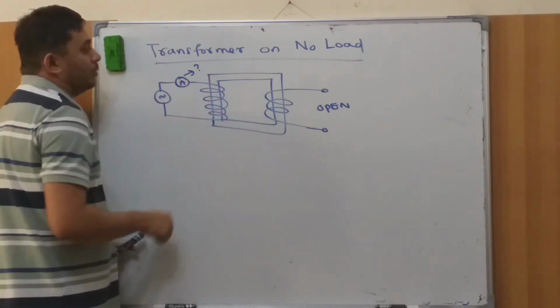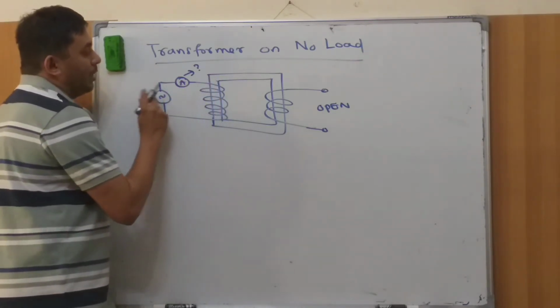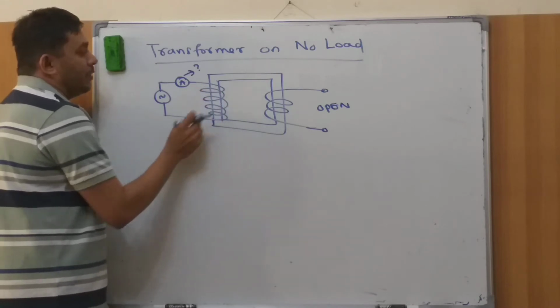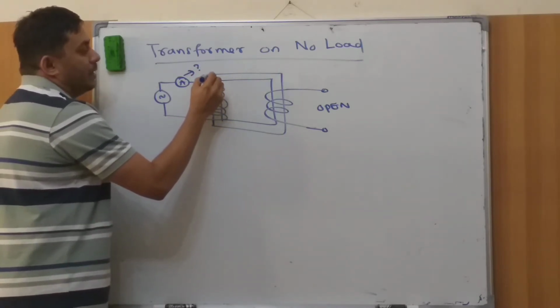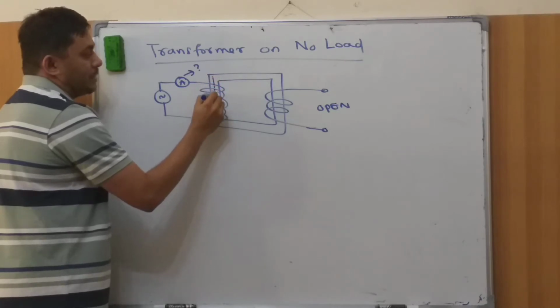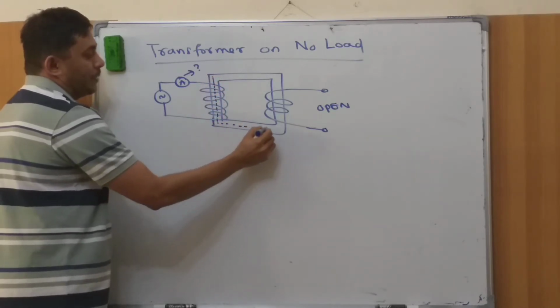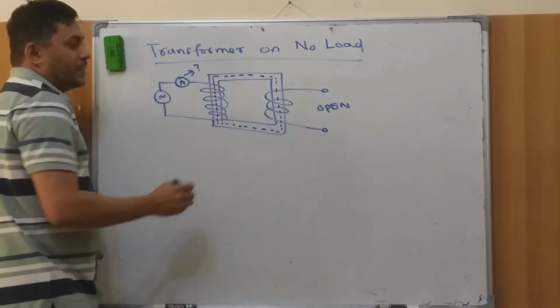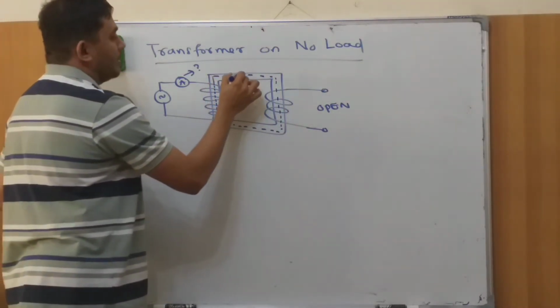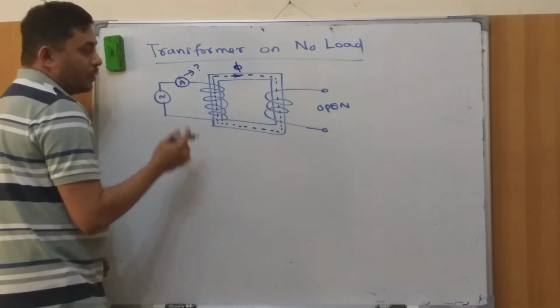So now if you look at the core, when you apply the primary voltage, what's going to happen? The first thing is that there must be some amount of flux set up here, correct? That flux is normally denoted as phi, right? So that will take some current.